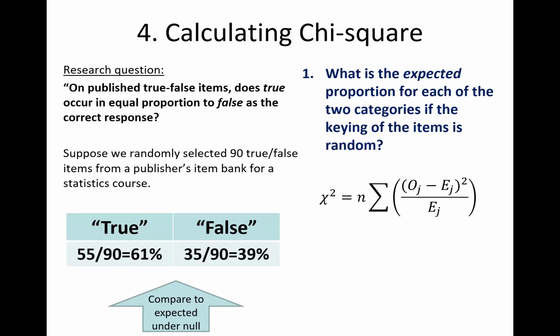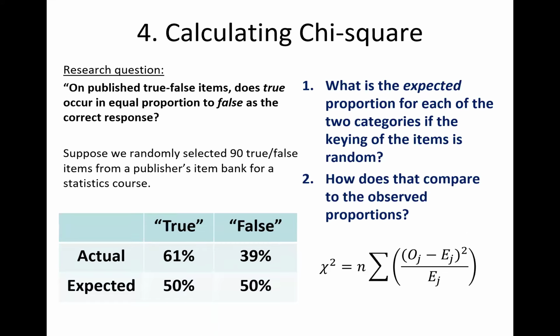So the question is, what is the expected proportion for each of the 2 categories if the keying of items is random? Does the true occur in equal proportion? Well, if the 2 occur in equal proportion or they're random, then it should be 50-50. So that's what our expected values are going to be. The expected value for true and the expected value for false will each be 50%.